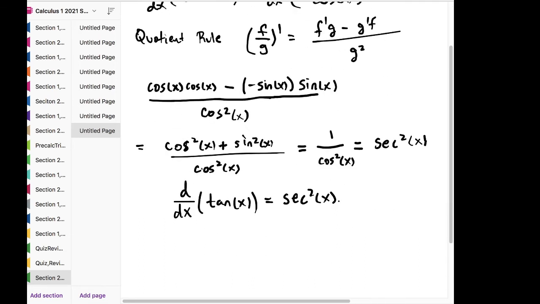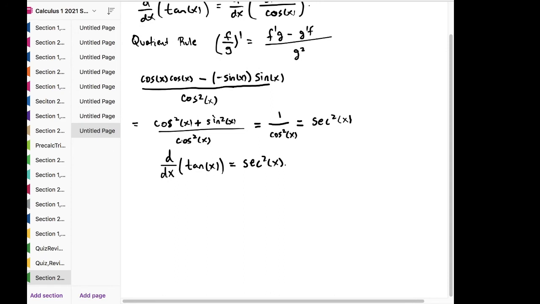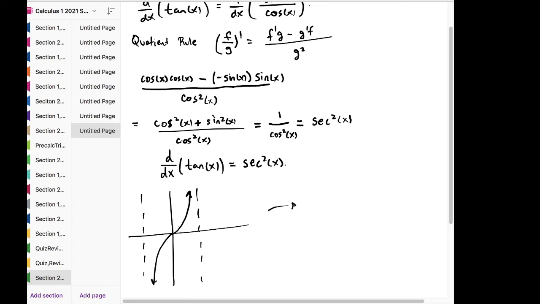Actually, when we sketched the derivative of tangent, if you remember, last time we were sketching functions and their derivatives. Secant kind of looks like this, and secant squared is not too much different.